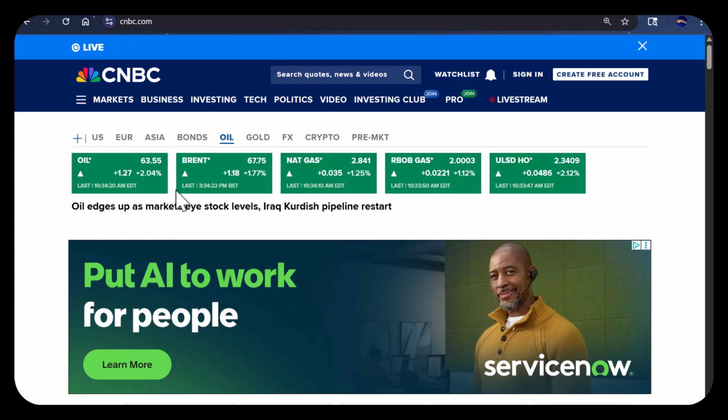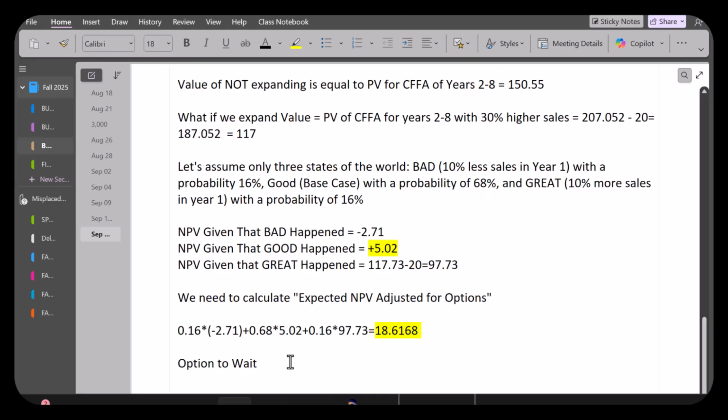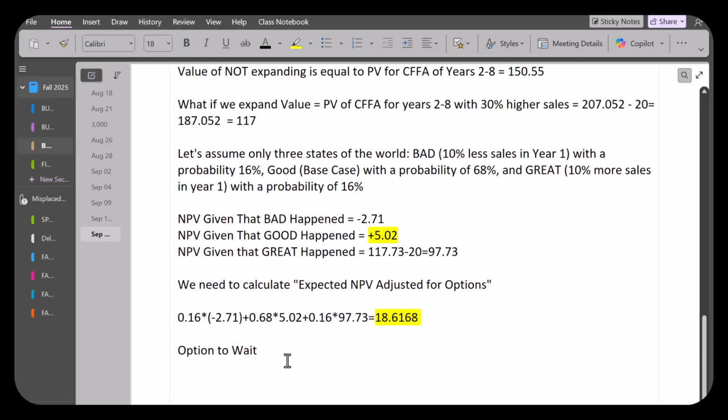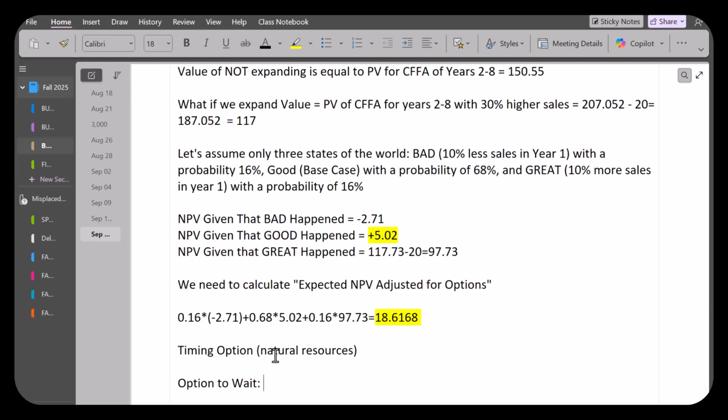There's one more option, timing option. This is for natural resource projects. And option to wait. Sometimes you have a project, but there is a lot of uncertainty about the environment.